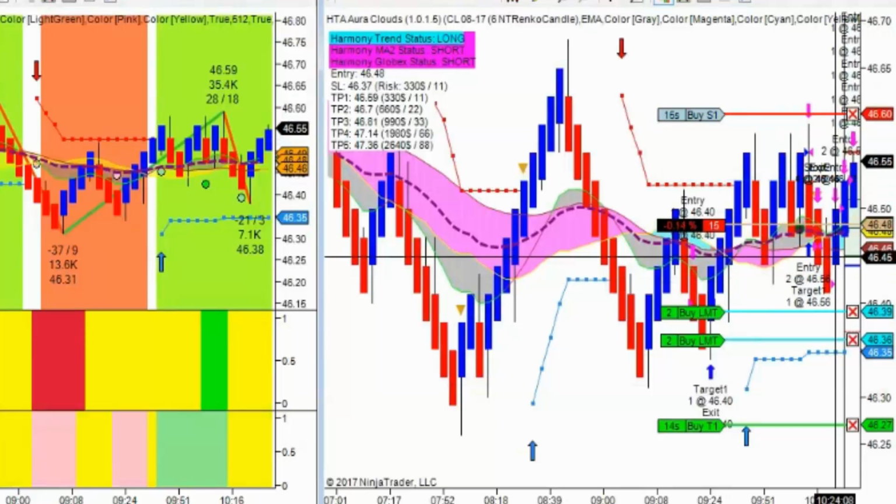Alright, we're gonna do 15. Yeah, that 55 got a hold here.